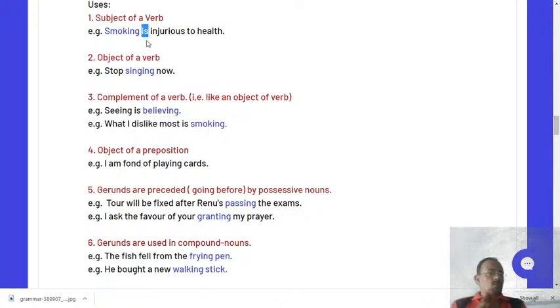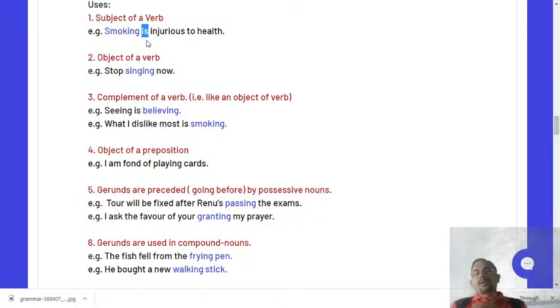Dear students, always remember that the subject is something that goes before the verb and the object is something that goes after the verb. Object can go after a preposition also, but in the context of the verb, the word that goes before the verb is the subject and the word that goes after the verb is called the object.